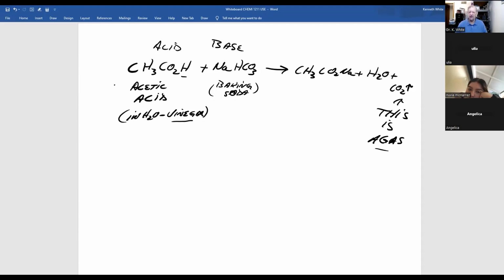And that's what you're going to be doing. You're going to be reacting this vinegar, which is really the acetic acid, with baking soda, which is really the sodium bicarbonate. And the main thing you're going to be making is the gas carbon dioxide.